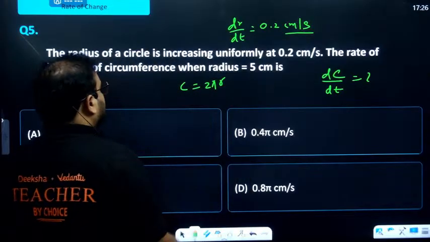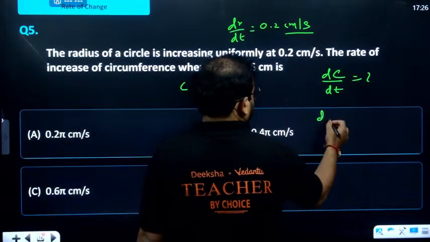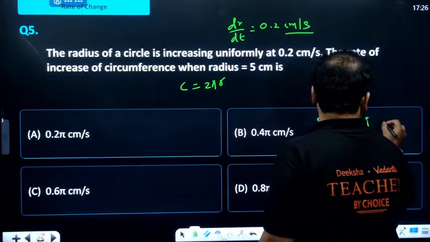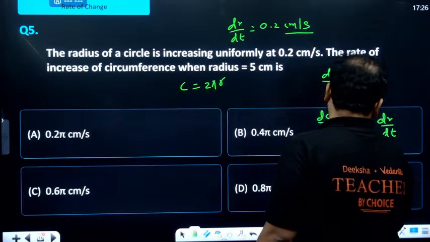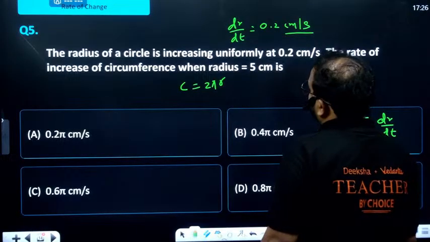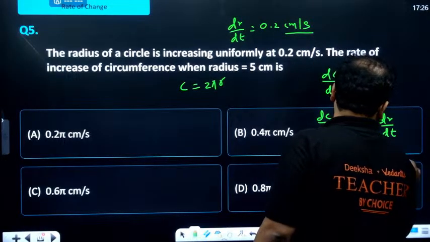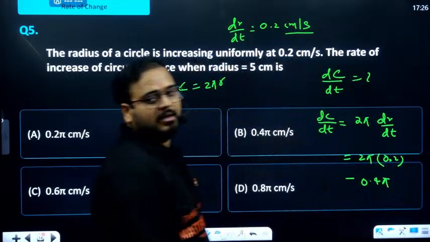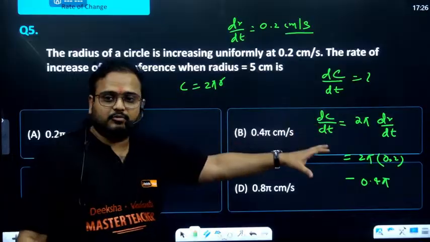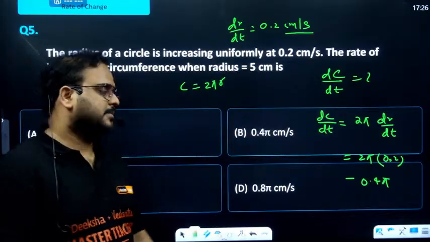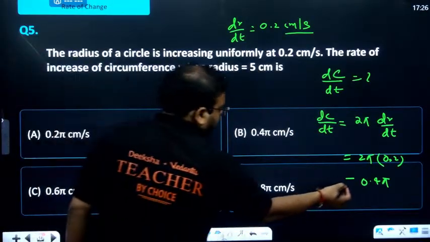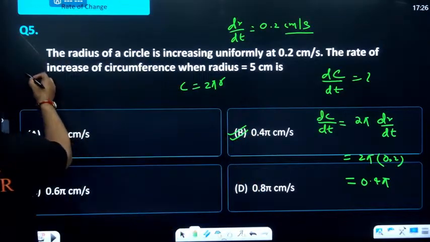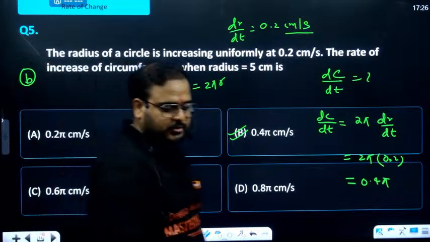If you differentiate this with t, you'll end up with 2 pi dr by dt. You have 2 pi and this value is given as 0.2. That becomes 0.4 pi. The 5 you see over here is not relevant to the rate of change of circumference. So 0.4 pi is the option number B.